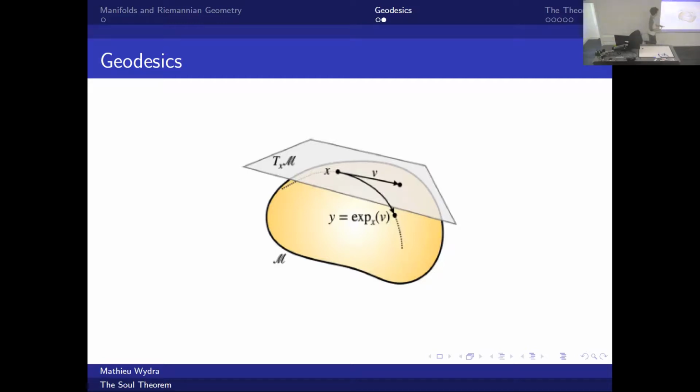You pick a vector on its tangent space, T_x M, that is, vector v, and there's a reasonably easy proof theorem which says that if you take a point and you take a vector, there will be a geodesic, or a path, a non-changing path, which will be at point x and have this direction v.